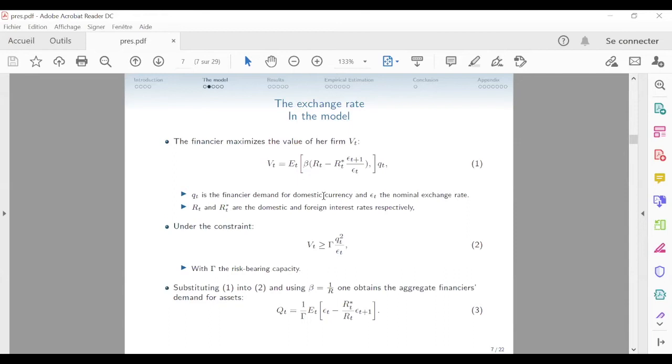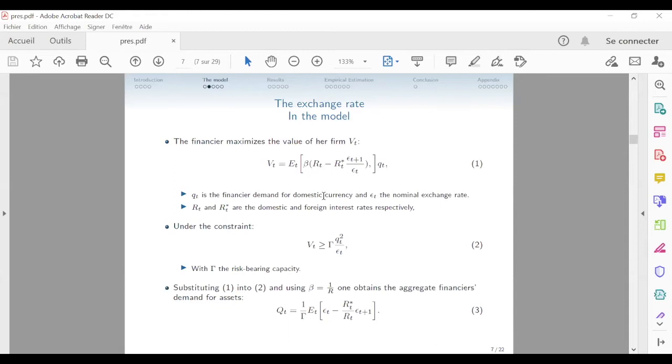And Q_T squared over epsilon_T is the quadratic term, not easy in English. In the end, substituting equation 1 into equation 2, and assuming that beta is equal to 1 over R, we get the aggregate financial demand for the asset.